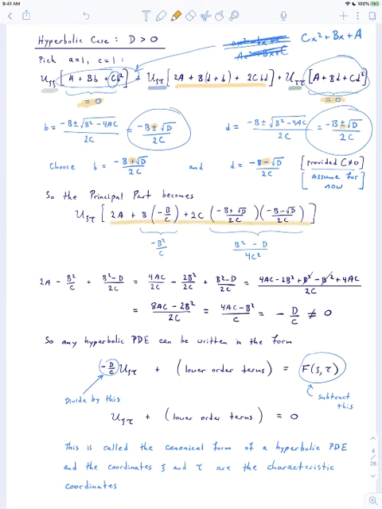So we can now substitute in the values that we've chosen, namely b equals minus capital B plus the square root of the discriminant over 2 times capital C, and lowercase d is equal to minus capital B minus the square root of the discriminant over 2 times capital C.